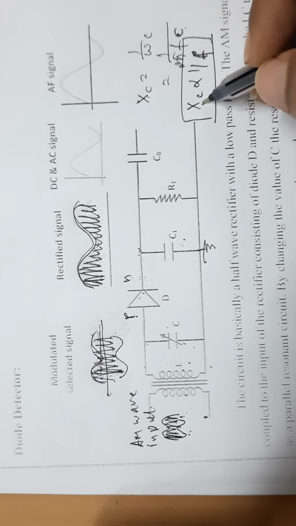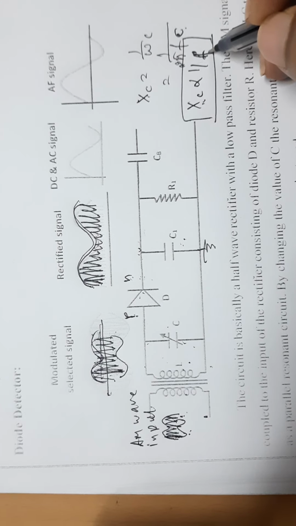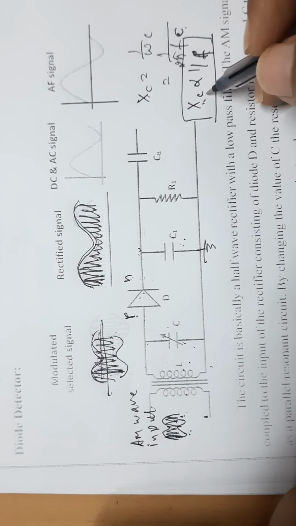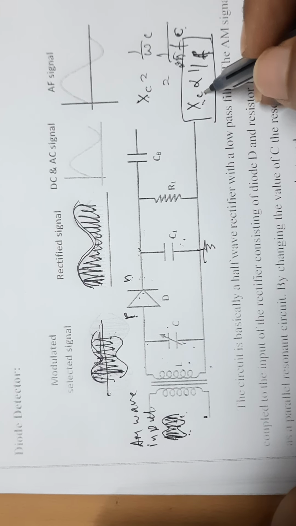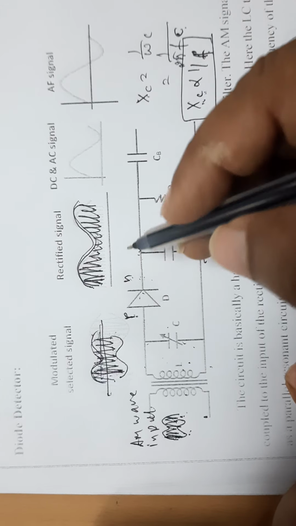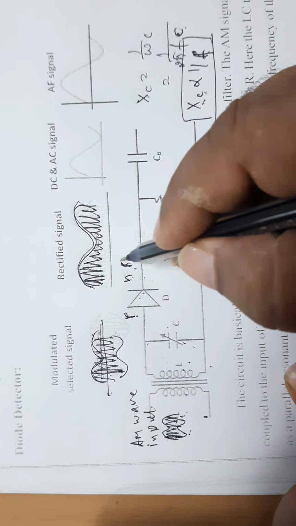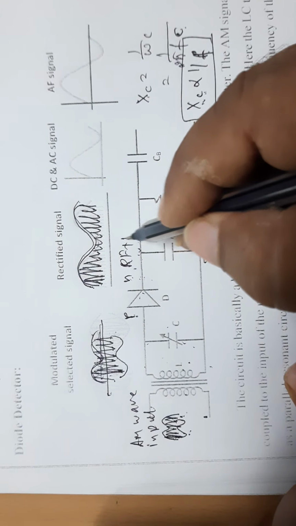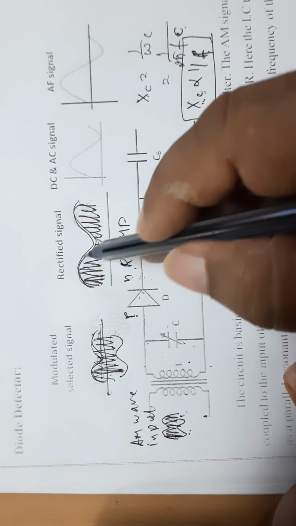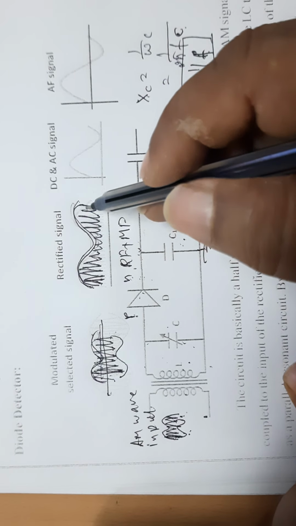This Xc is very small for high frequency. Therefore, Xc does not oppose high frequency; it allows high frequency. Here you have both radio frequency as well as message frequency. This is our message frequency. This is our radio frequency.